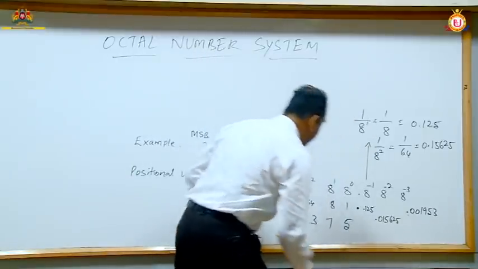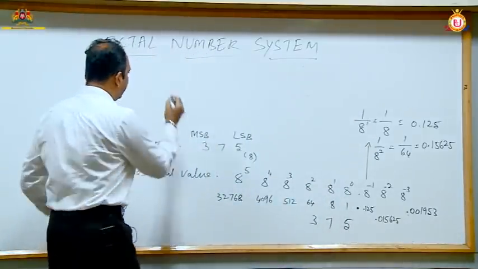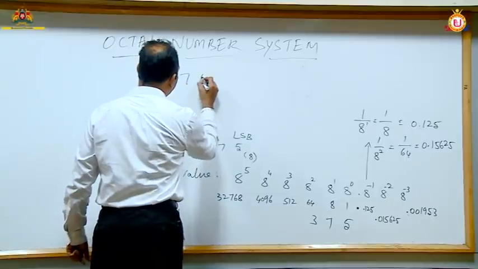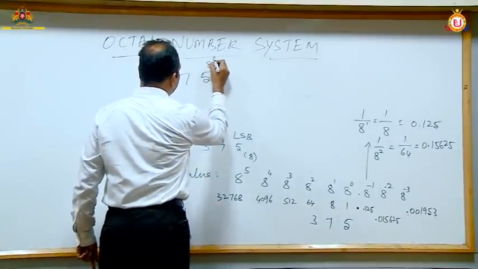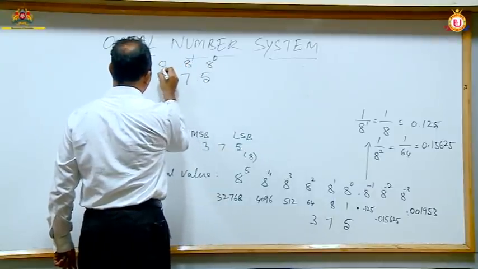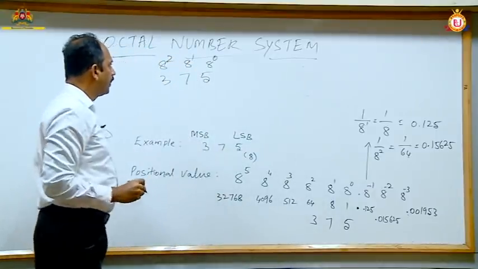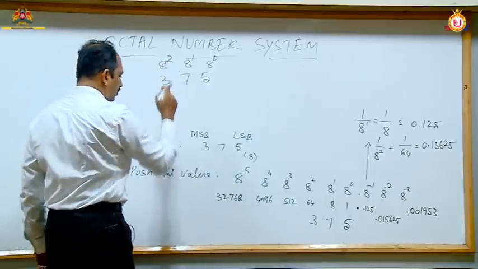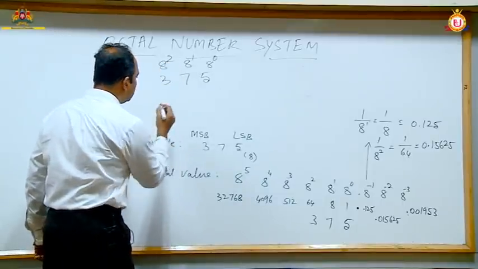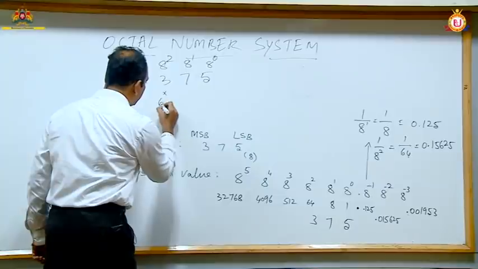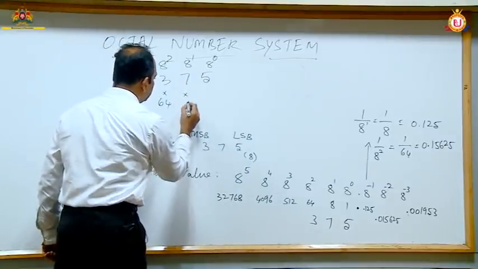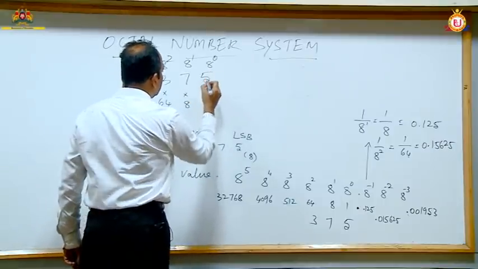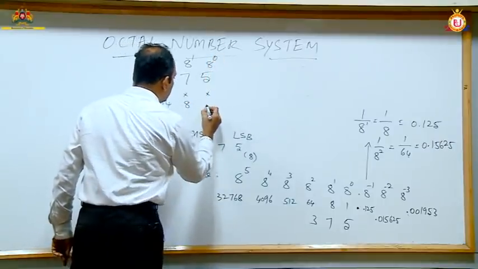How is it calculated? This is a to the power of 0, a to the power of 1, a to the power of 2. What is a to the power of 2? A to the power of 2 is 64. 7, a to the power of 1 is 8. A to the power of 0 is 1.